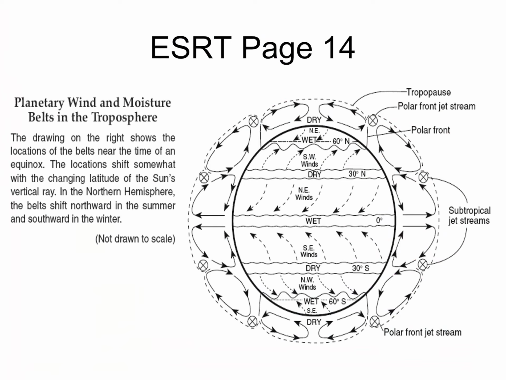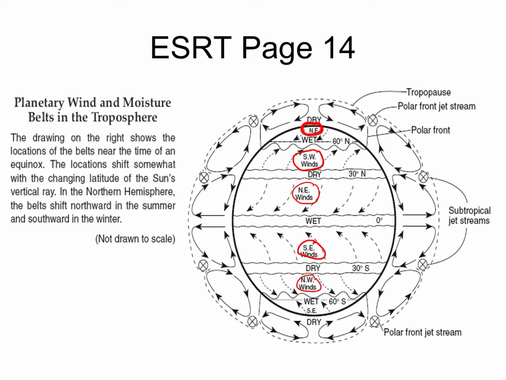So here's the page in your reference tables. This is what we need to understand. Notice that it gives the names of the winds: southwest, northeast, southeast, northwest, and so on.